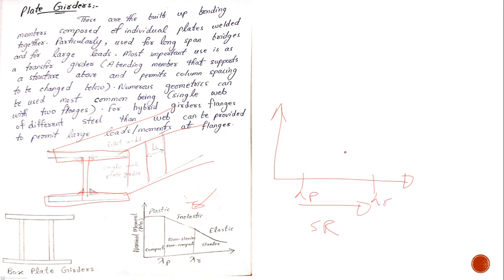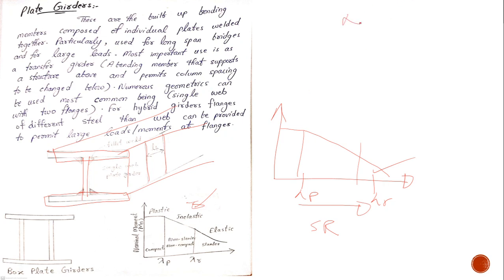Based on these two values we decide which zone we are in: compact zone, or non-compact, slender zone. That is, whether our member is slender or compact, elastic or inelastic. The y-axis depicts the moment.